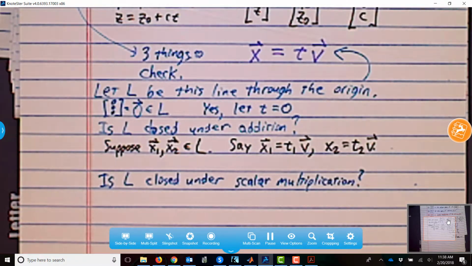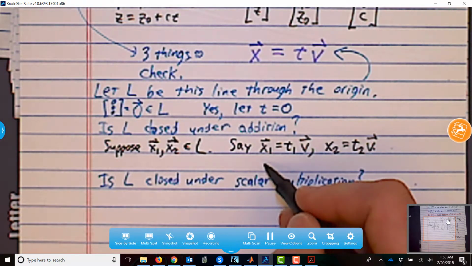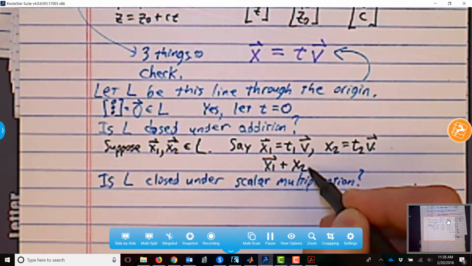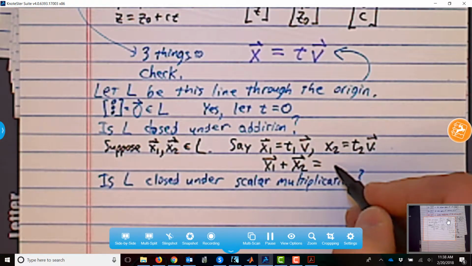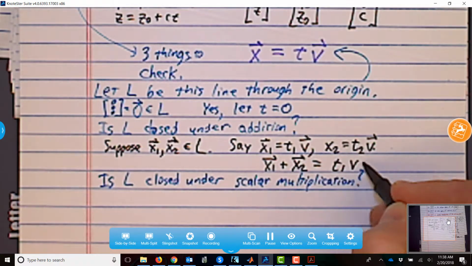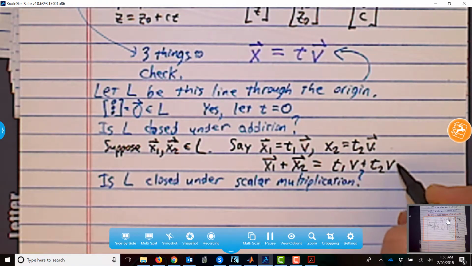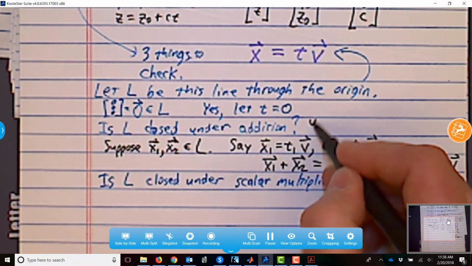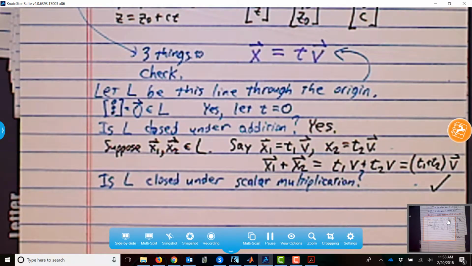Now, how do you check that it's closed? We're going to take x1 and add it to x2 and see what we get. So we get t1v plus t2v. And then you write that as t1 plus t2 times v, and that's a number times v. So yes, we just showed it's closed under addition.